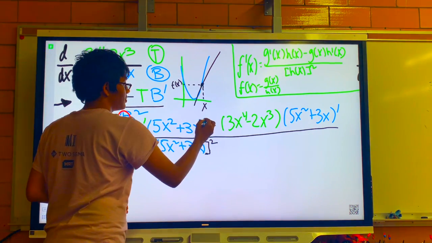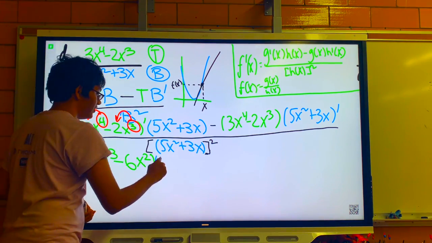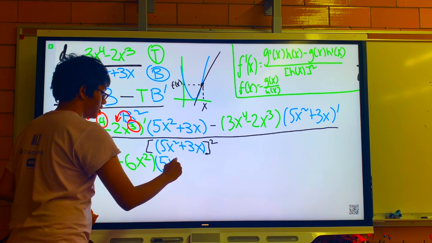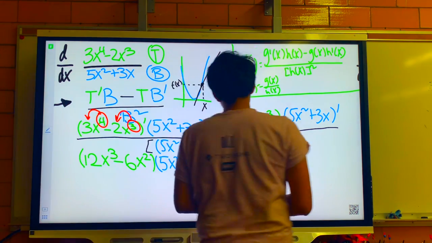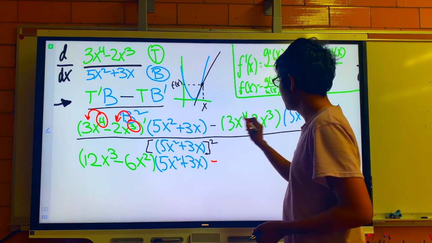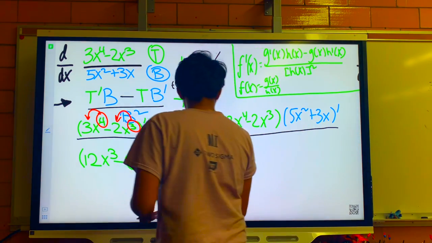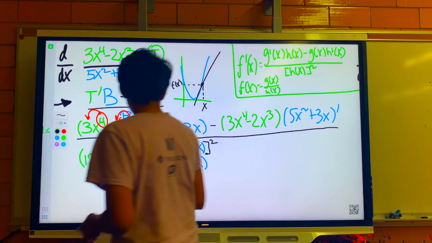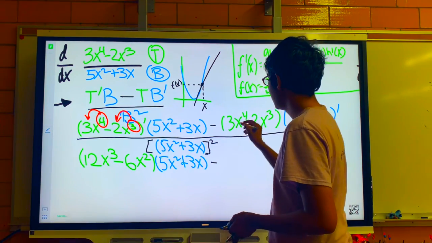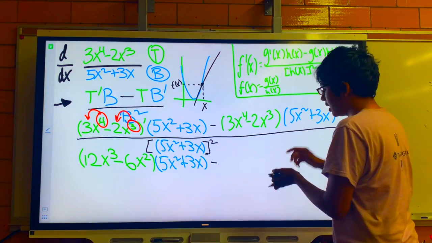There's no prime sign. So we just leave it as it is. 5x squared plus 3x. Now, from this we subtract the derivative of the bottom function.